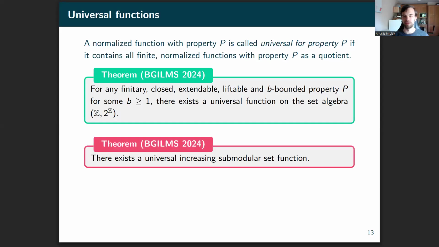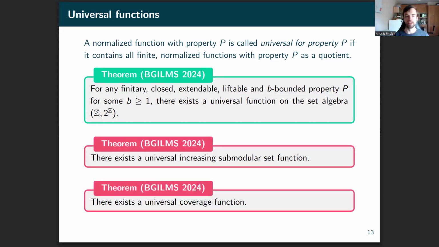A consequence of this is that there exists a universal increasing submodular set function, and to prove the liftability of this property, the increasing submodular property, we needed the coupling, that any two increasing submodular functions have a coupling. Another corollary is that there exists a universal coverage function.